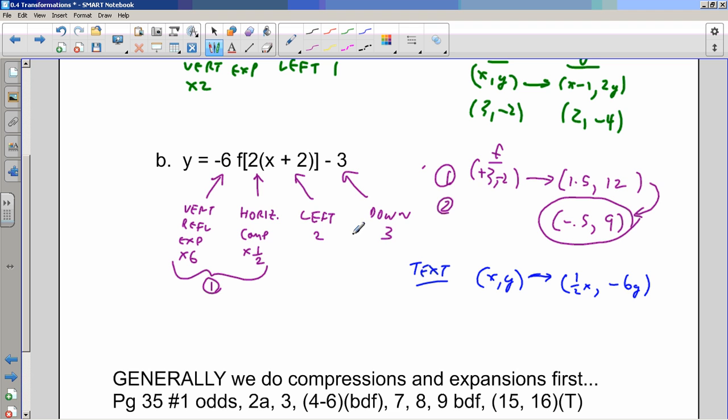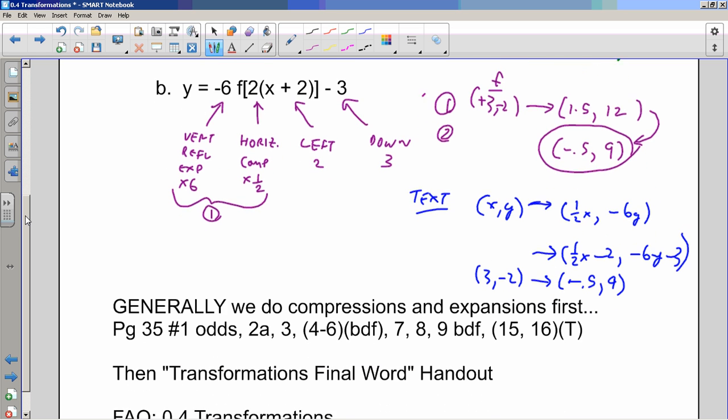And then the move left and down means you take this and go left, you take this and go down. And there's the expression. And now if I want to get my transformation of that point, then I can fill it into my formula, and you get exactly what we got by thinking of what the graph would look like. And again, you can do it either way, textbook way or old school way.